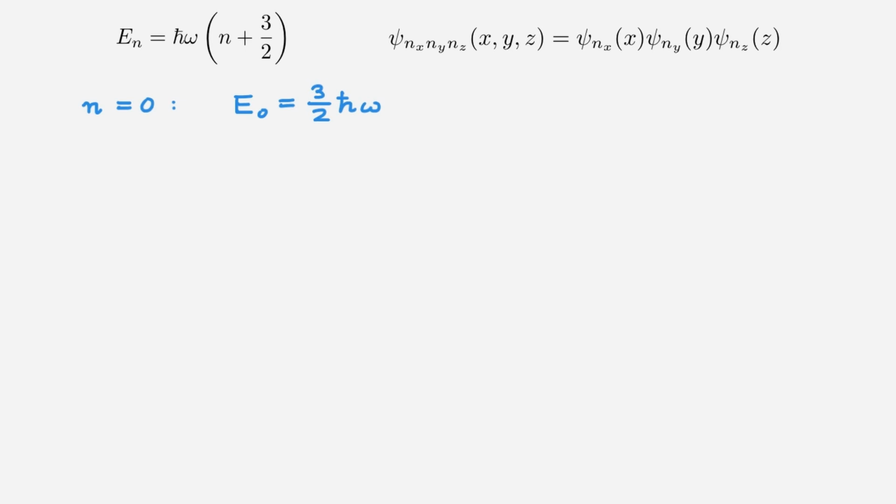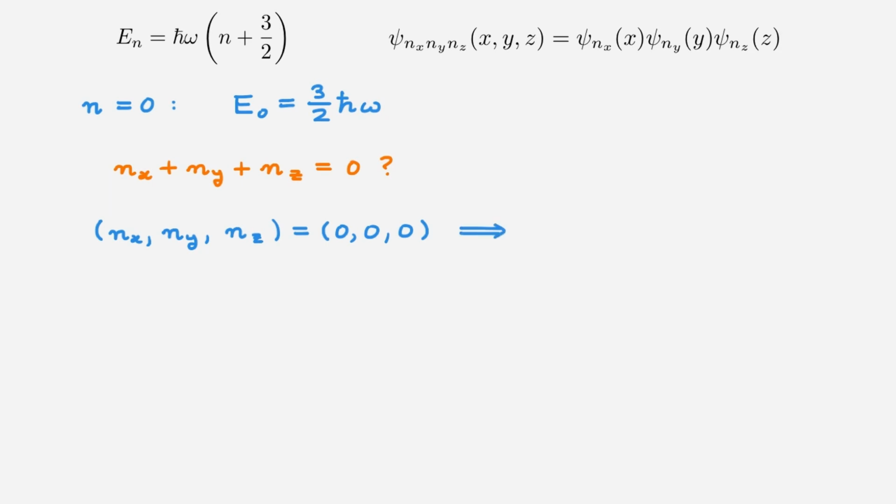To answer this question, we need to consider how many triplets of non-negative integers nx, ny, and nz add up to 0. And there's clearly only one possibility. All of them must be equal to 0. What does this mean? This means that the ground state is non-degenerate, so that the degeneracy of the ground state, G0, is equal to 1.